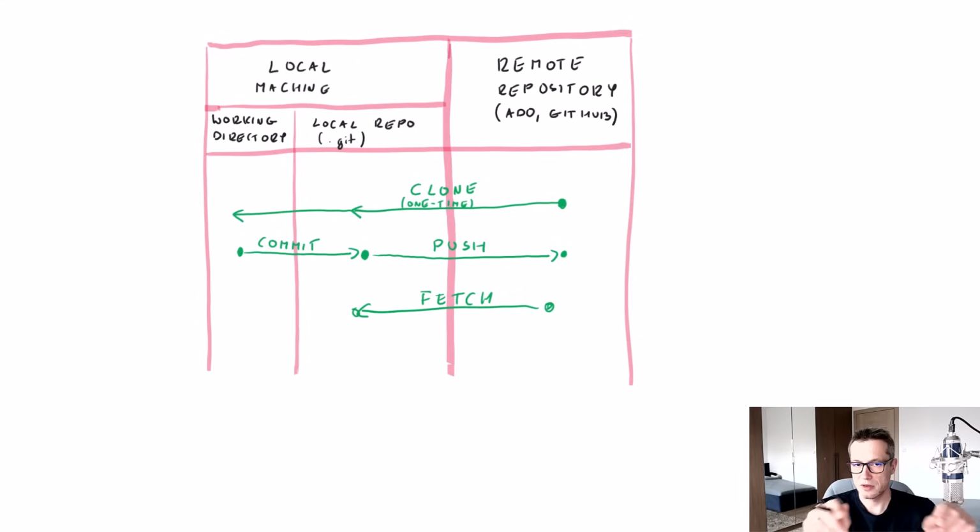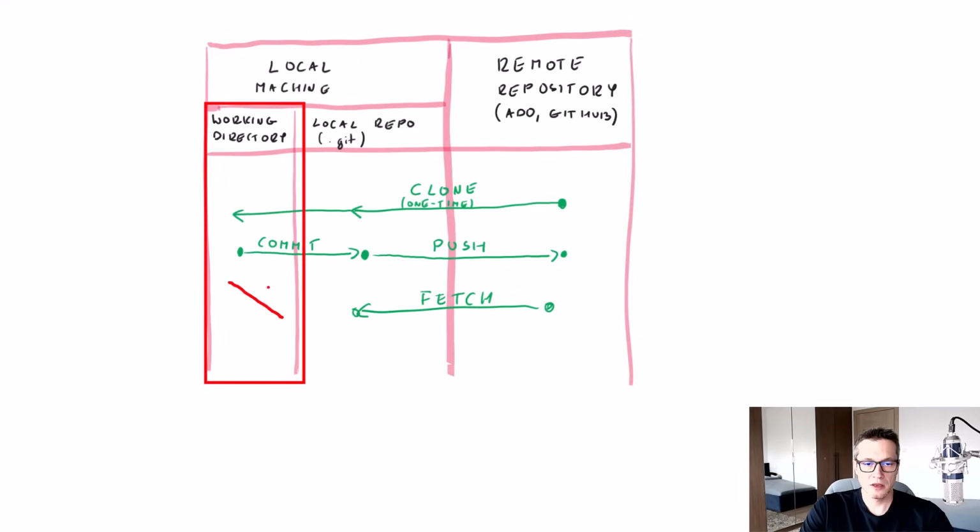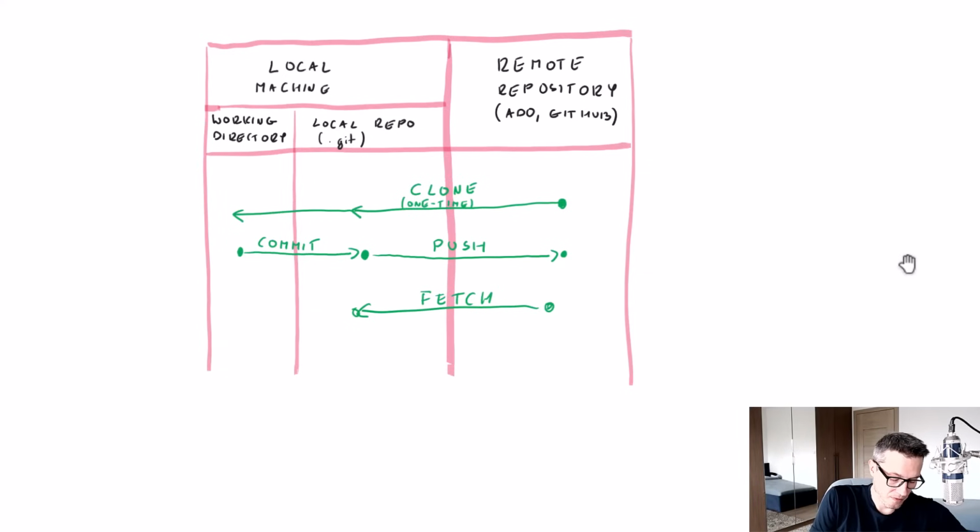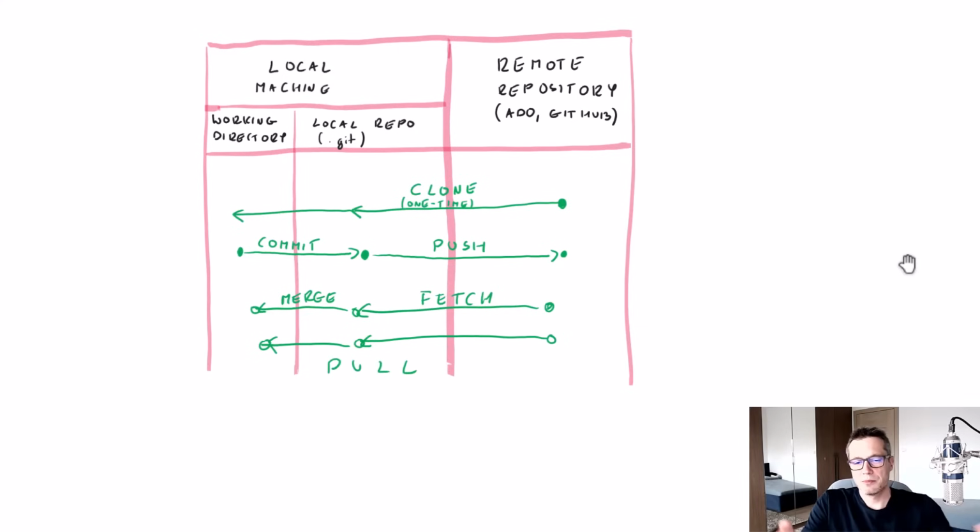It updates your .git hidden directory, but it doesn't update your working directory. If you would like to merge those changes, you can do this manually by using merge. Nothing difficult here. But to avoid those double operations, fetch and merge, we can achieve the same thing by using pull. And pull is simply a combination of fetch followed by merge.